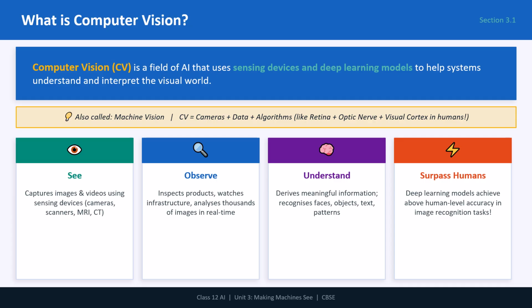It's literally replicating human vision, but in a machine. And the most exciting part, the latest deep learning models have actually achieved above human level accuracy in tasks like facial recognition and object detection. Machines are literally seeing better than us in some tasks. Mind blowing, isn't it?